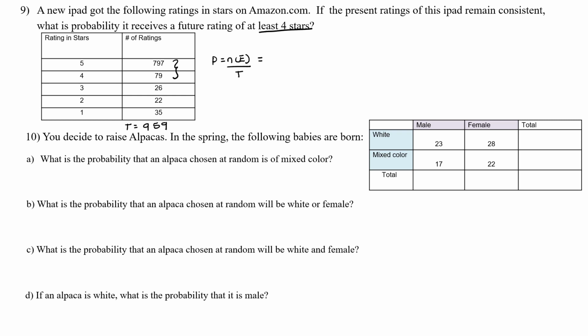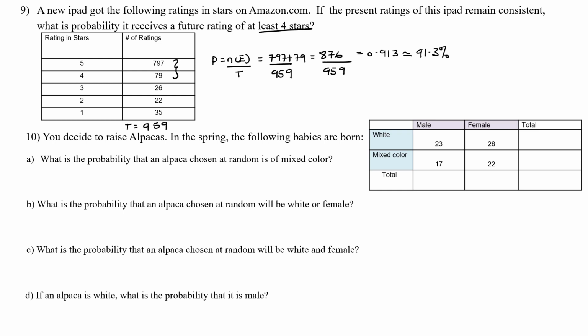The total number of outcomes that we have is 959. And so the sum of these two numbers gives us 876 divided by the total, and that gives us 0.913, so about 91.3%.